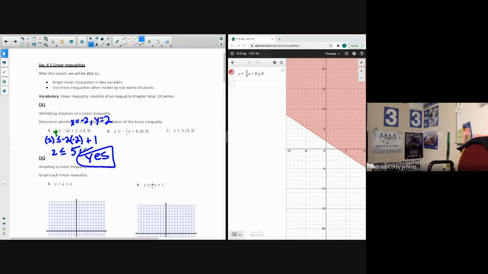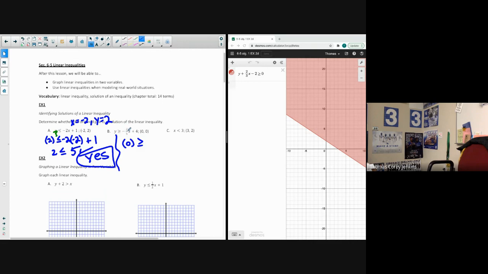Looking at the next one, 0, 0. 0, 0 is important because we use what I like to call a 0, 0 test a lot. It's always easy to sub in 0. If I sub in 0 here, I get 0 is greater than or equal to... I don't even need to write that out.